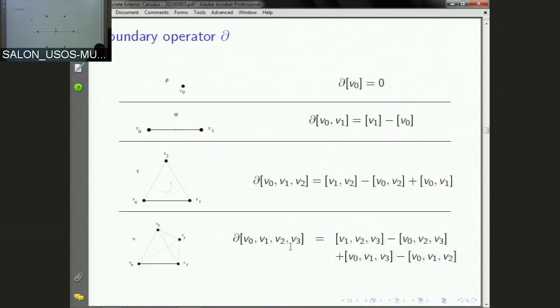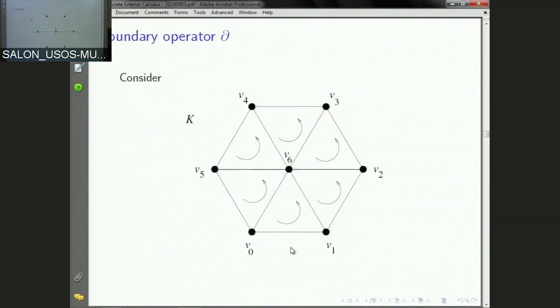Okay, so what is it? Now, consider a domain. I made up this example, which will come up a bit later again, just to give you a sense of how to construct the matrices that will discretize the Laplacian. Okay, so consider this domain, this hexagon with 6 triangles, 7 vertices, all oriented, very good.